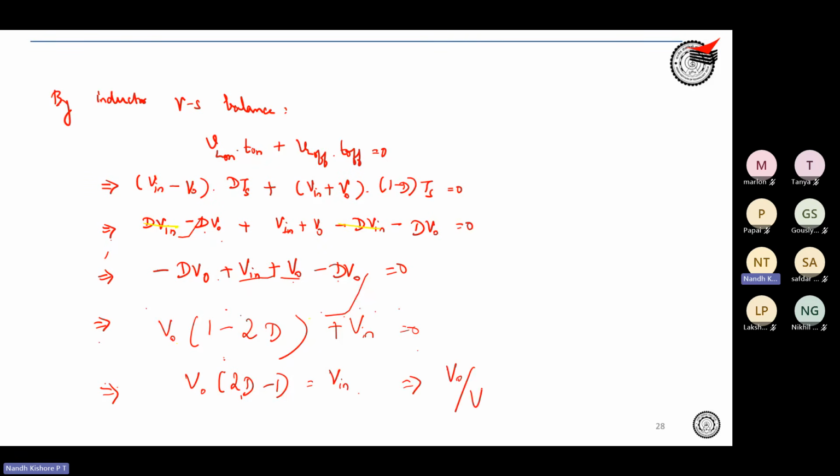So V0 over Vin is going to be 1 by 2d minus 1. Okay. Just the flux balance principle, we are rearranging the terms, that's it. Or you write in terms of d from here itself.